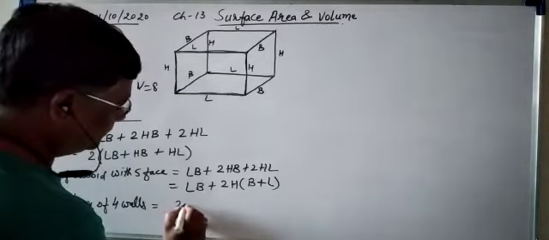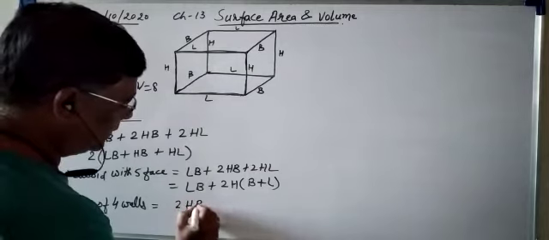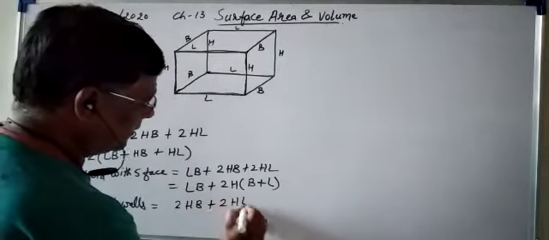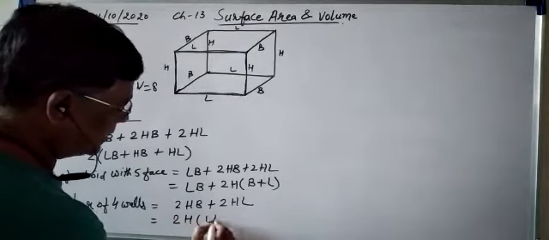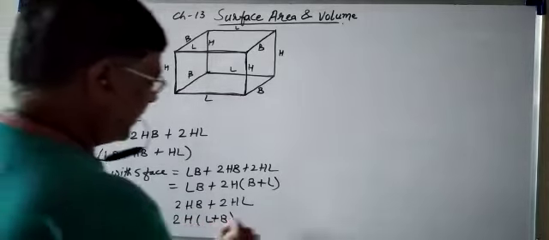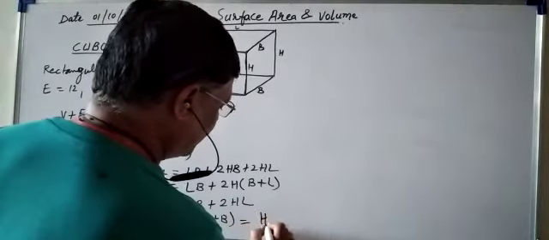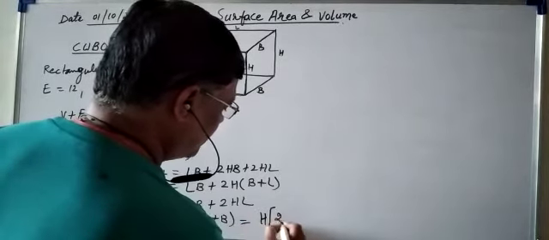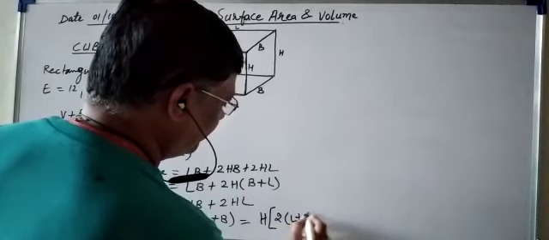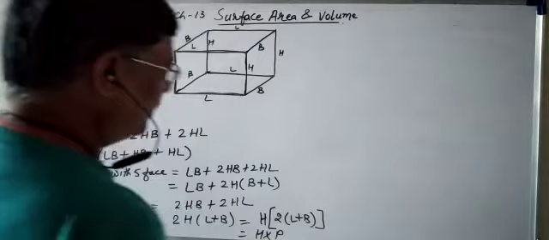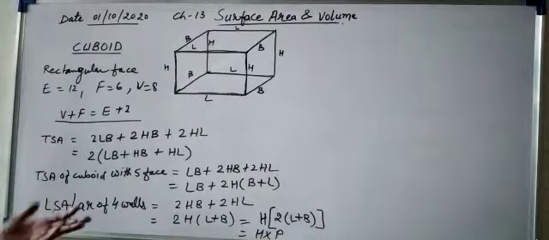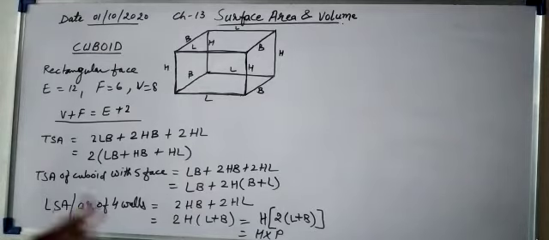So 2 into HB plus 2 into HL. Taking 2 and H common, we get 2H into (length plus breadth). We can also write it as height into 2 times (length plus breadth), so height multiplied by the perimeter of that floor, of that hall or room or cuboidal tank, where you have to find the area of 4 walls.